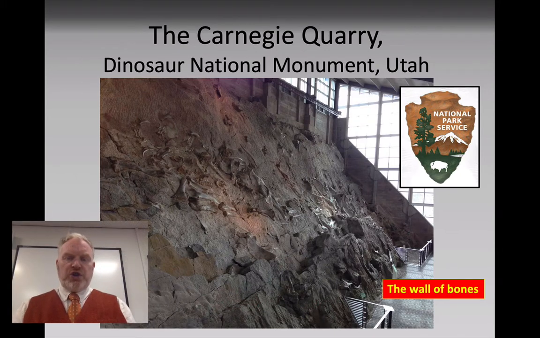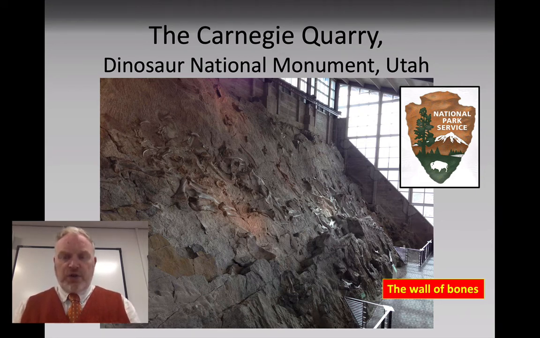Hopefully you've already watched a video about this fossil deposit. It's an amazing place. The official name is the Carnegie Quarry at Dinosaur National Monument up in the mountains of Utah in America. The unofficial name for it is the Wall of Bones. This is an incredible dinosaur deposit from the Jurassic period.